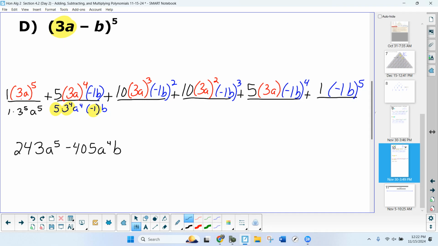See if you guys can just do the next term, the 3rd term, and stop. Did you do 10 times 3 to the 3rd times -1 squared, which is 10 times 27 times 1?